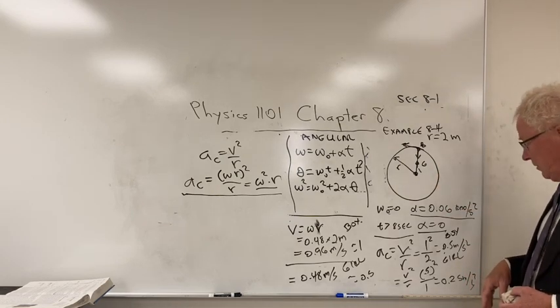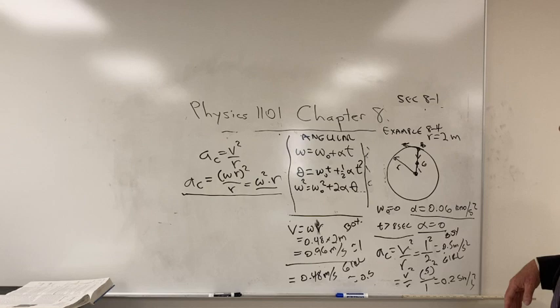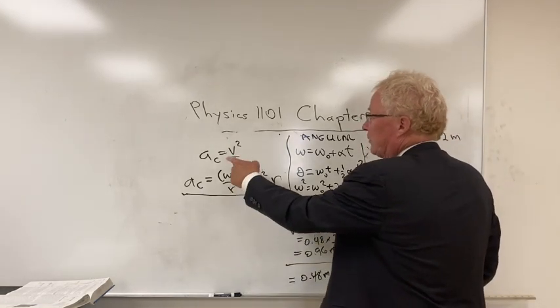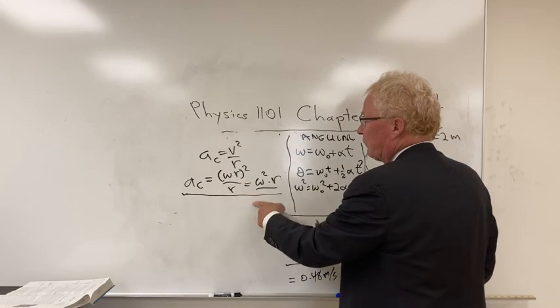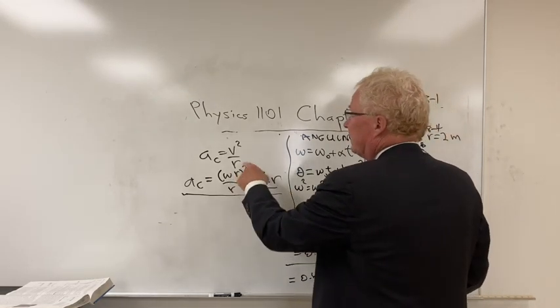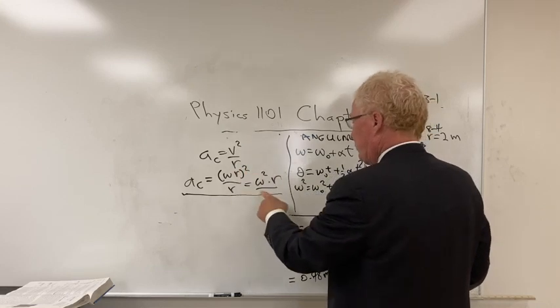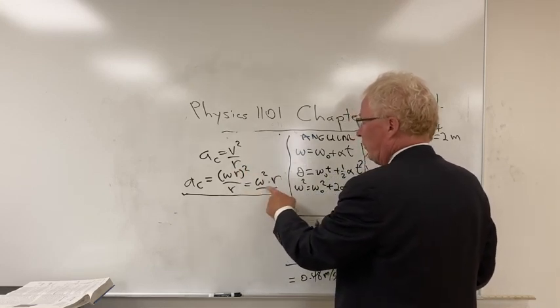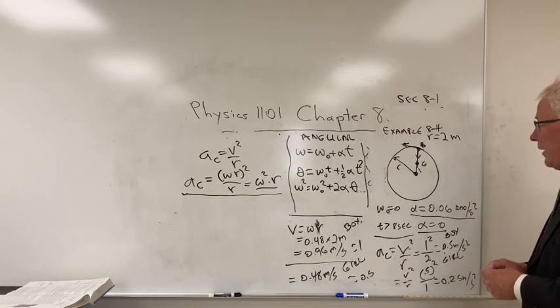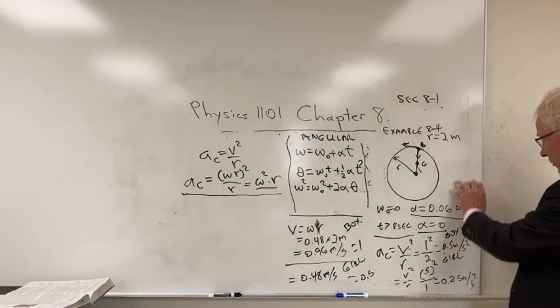And again, comparing that back to centripetal acceleration from chapter 4, 5. That's v squared over r, which we calculate as omega squared times r, depending on what you're given. So that's sections 1 and 2 of chapter 8.